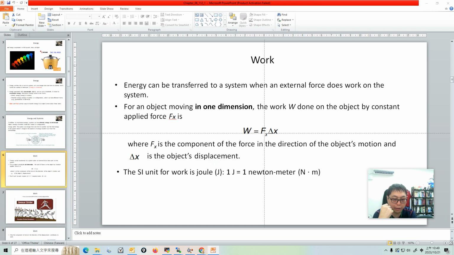Sometimes your system or your object can release energy from itself, and at that time the system or object is doing work on the outside.